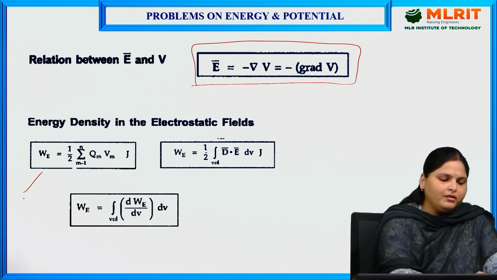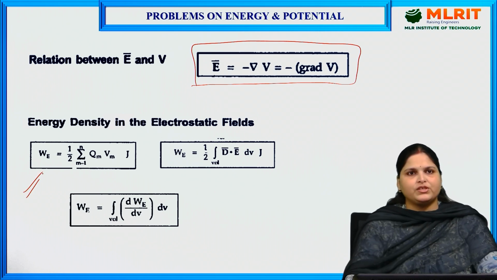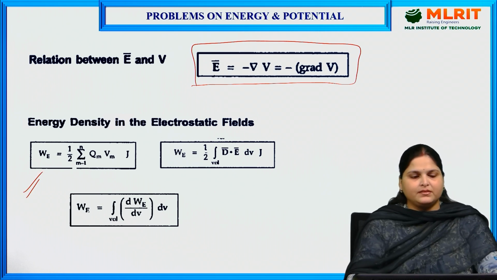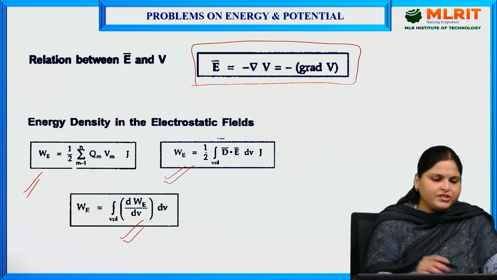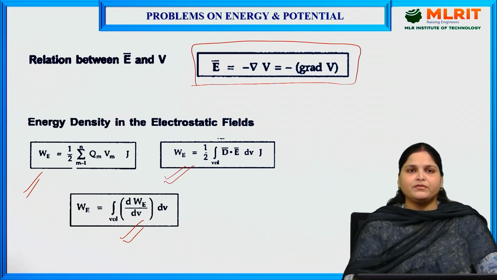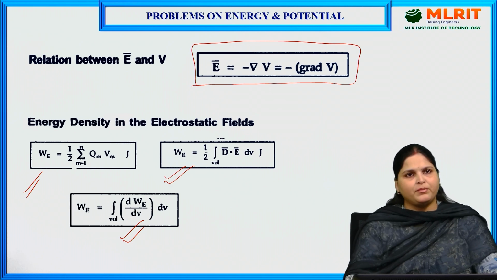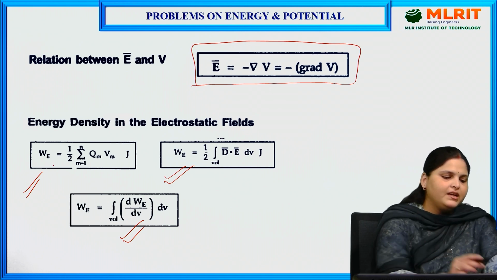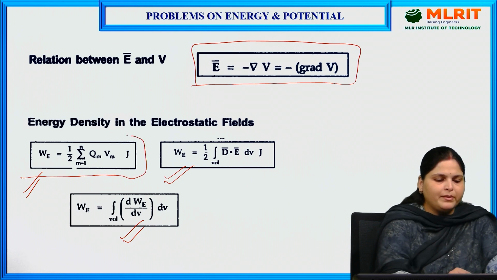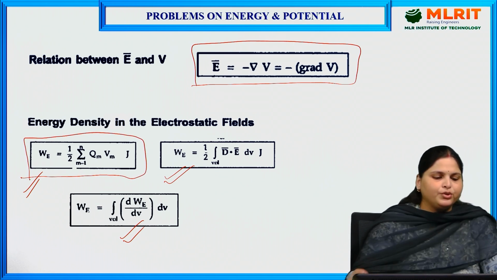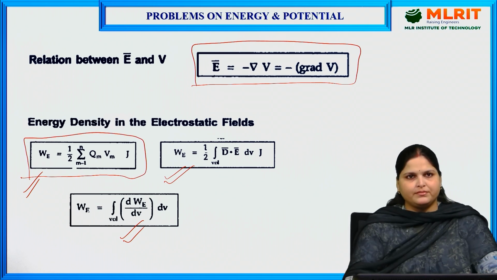The second formula which we may use in questions is energy density. In the energy density derivation, there are 3-4 formulas which can be used for the problems. First one is WE equals 1 by 2 summation of m equals 1 to N Qm Vm joules.